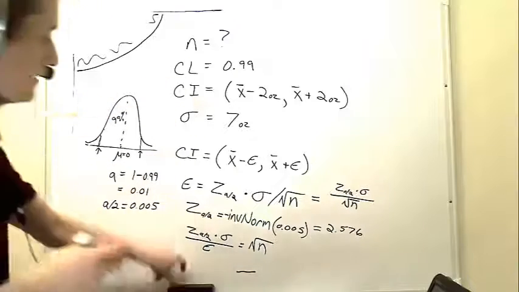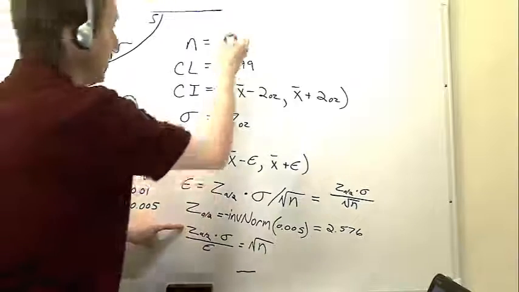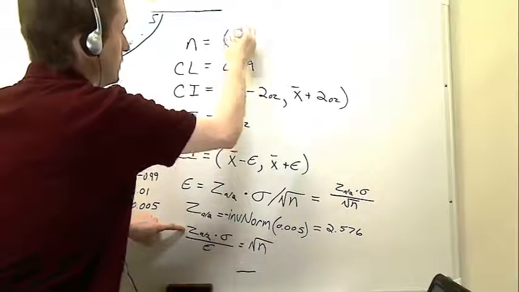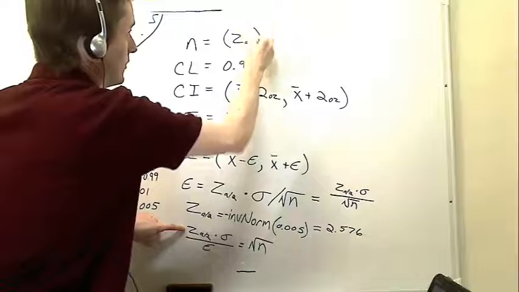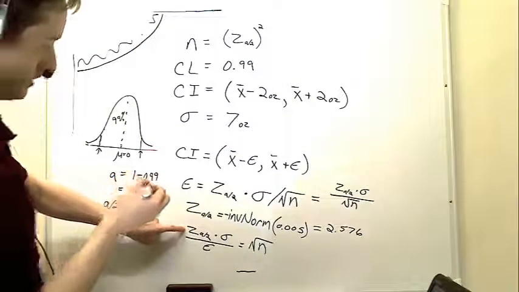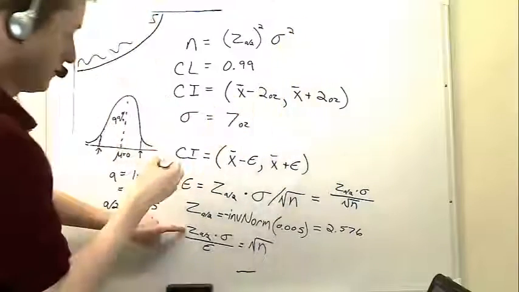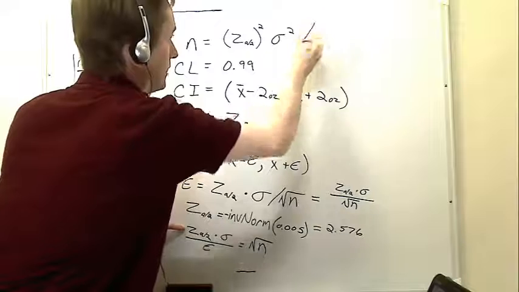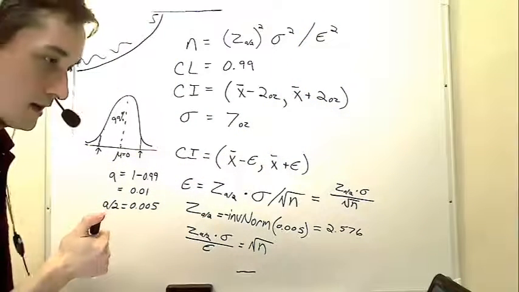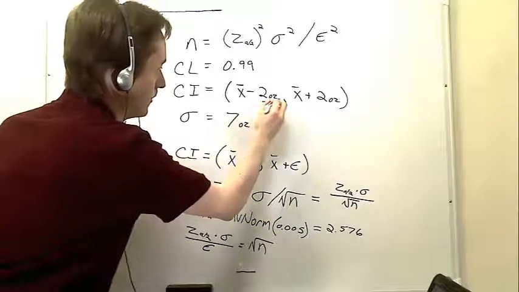So let's write that back up here. So n is going to equal, let's put that z sub a over 2 in parentheses to help see the square. Multiply that by the standard deviation squared, and we're going to divide by e squared. And e is this right there, 2 ounces, based on this equation.